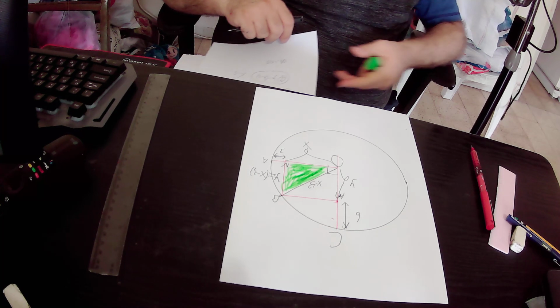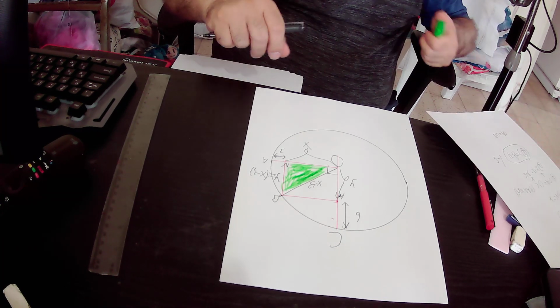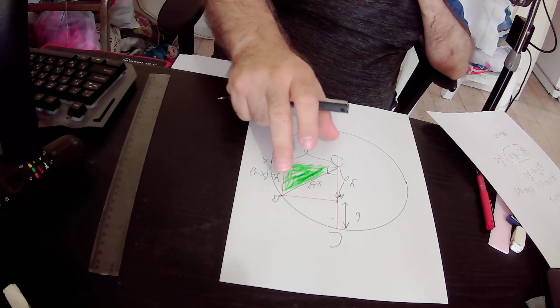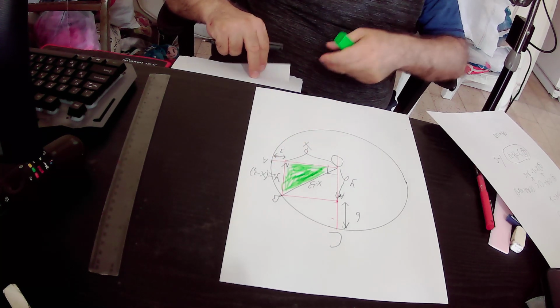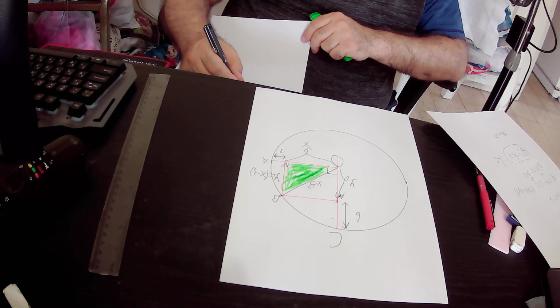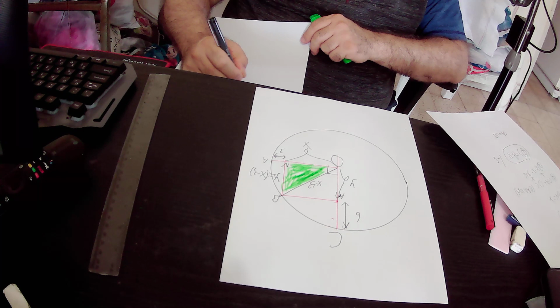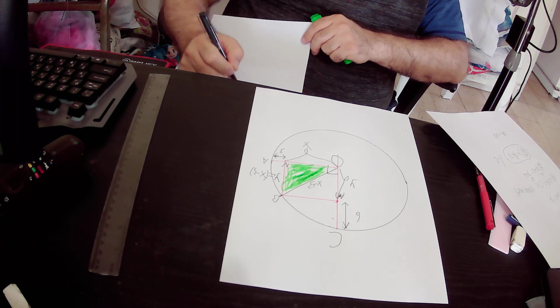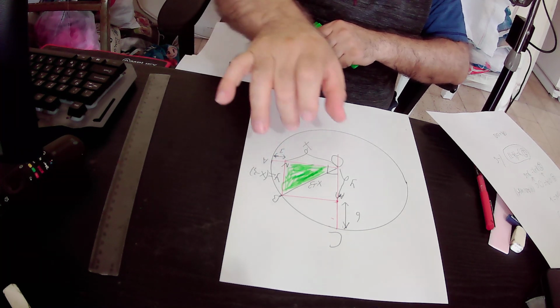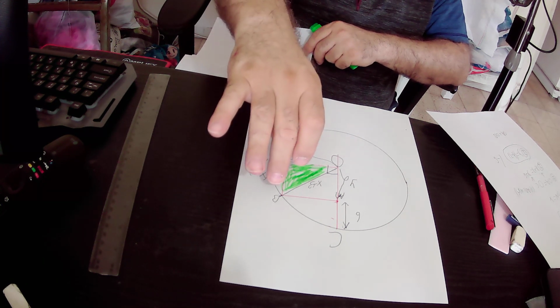That is to say, OB square, the square of the hypotenuse. This is our second equation: OB square equals ON square plus BN square.